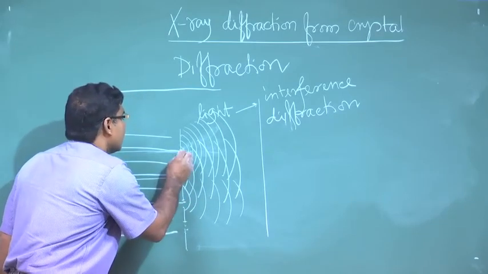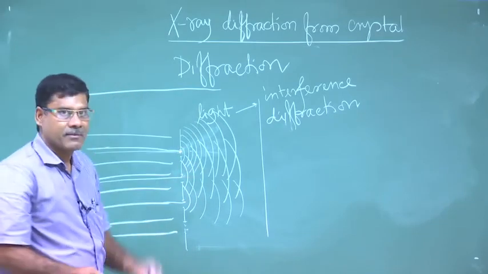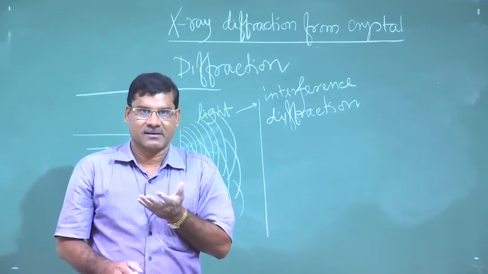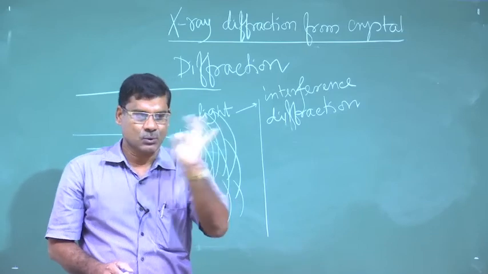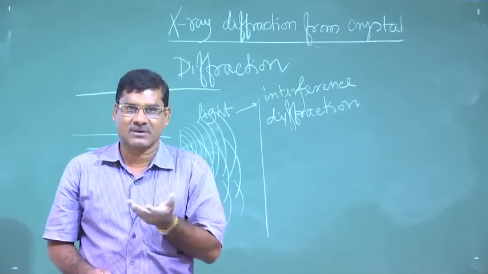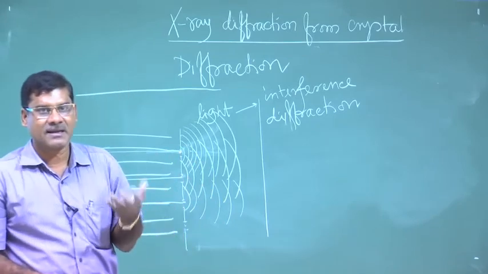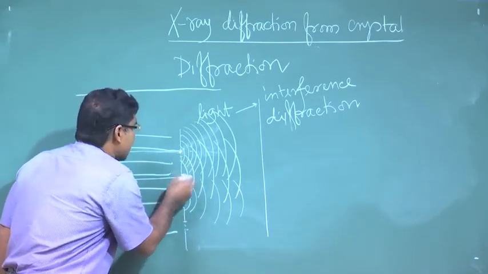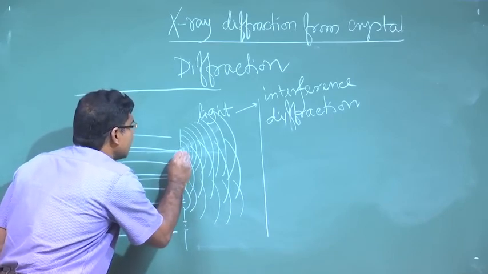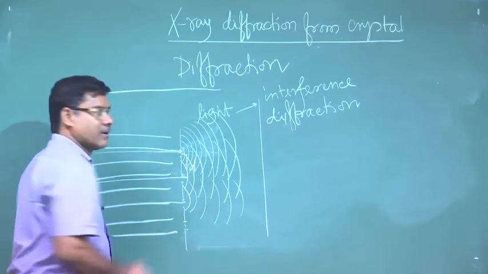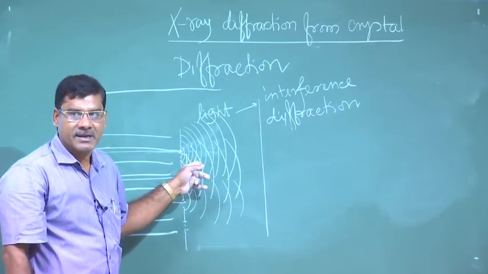If the obstacle has only one hole, it is single slit diffraction. If it has two holes, it is double slit diffraction. If it has many holes, it is a grating and we get grating diffraction. The distance between two holes, middle to middle, we define as D, the grating element.